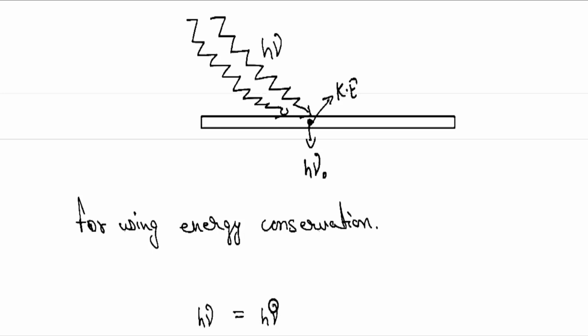Here h nu naught is the threshold frequency energy. It is the minimum energy required to eject the electron from the surface of the metal, plus the kinetic energy.